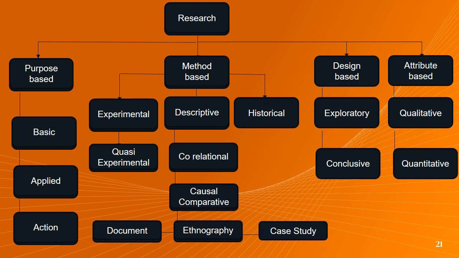Descriptive, there are 5 types: correlational, causal comparative, ethnography, document analysis and case study. And third method, that is historical research. Third criteria, design based, exploratory research and conclusive research. And fourth criteria for the classification, that is attribute based, qualitative research and quantitative research.